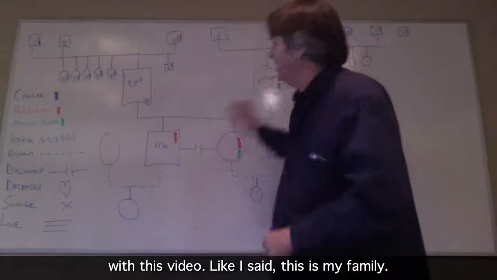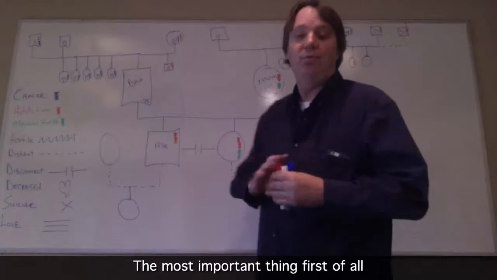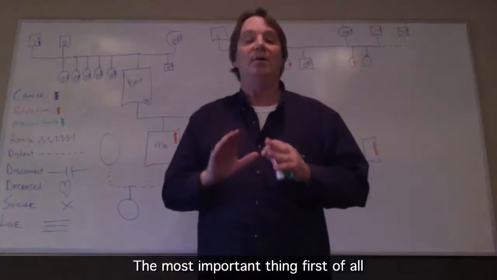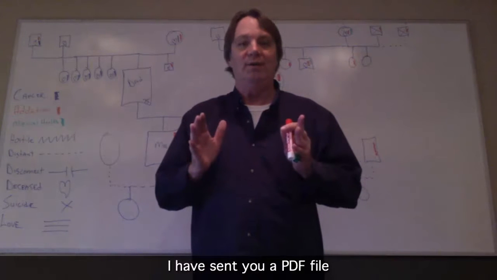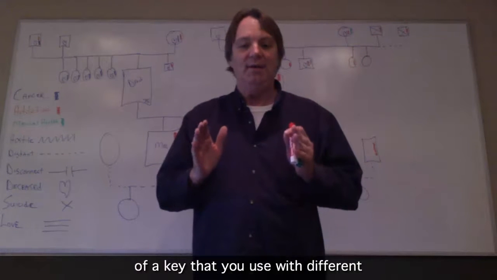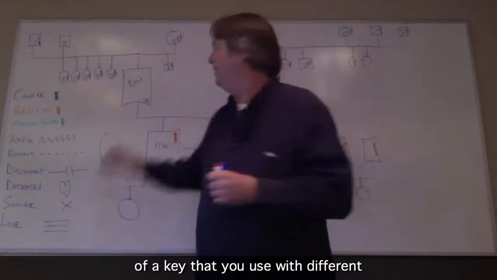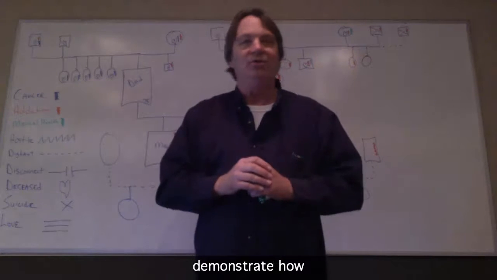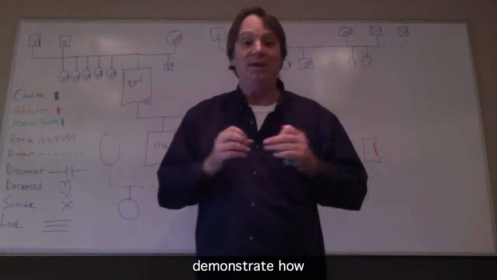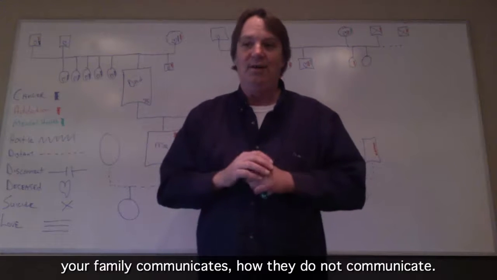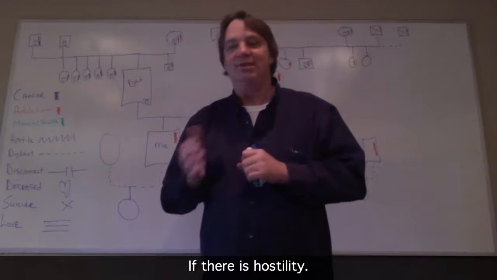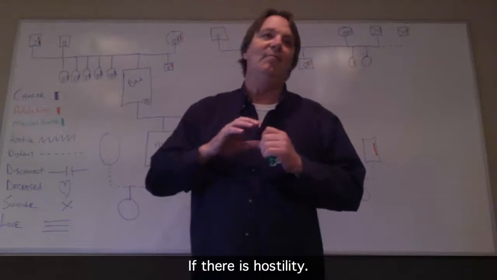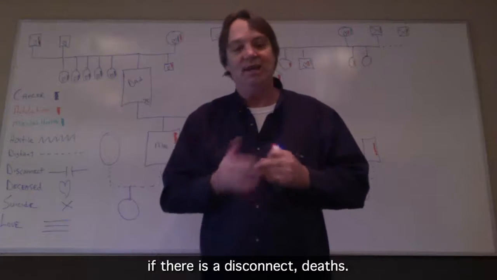Like I said, this is my family. The most important thing, first of all, I've sent you all a PDF file of a key with different configurations of how to demonstrate how your family communicates, how they don't communicate, if there's hostility, if there's a disconnect, deaths.